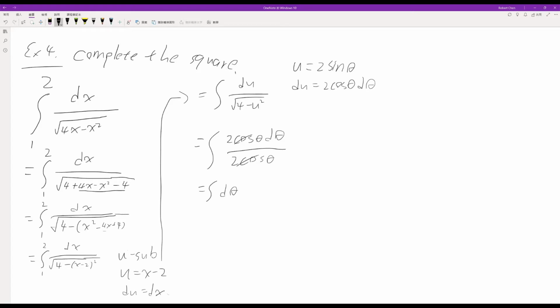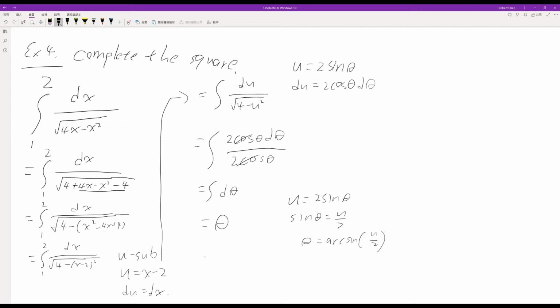When we integrate that, we just get theta, but we have to go back to the original. We know that u is 2 sine theta. That means sine theta is u over 2. So theta is arc sine of u over 2.